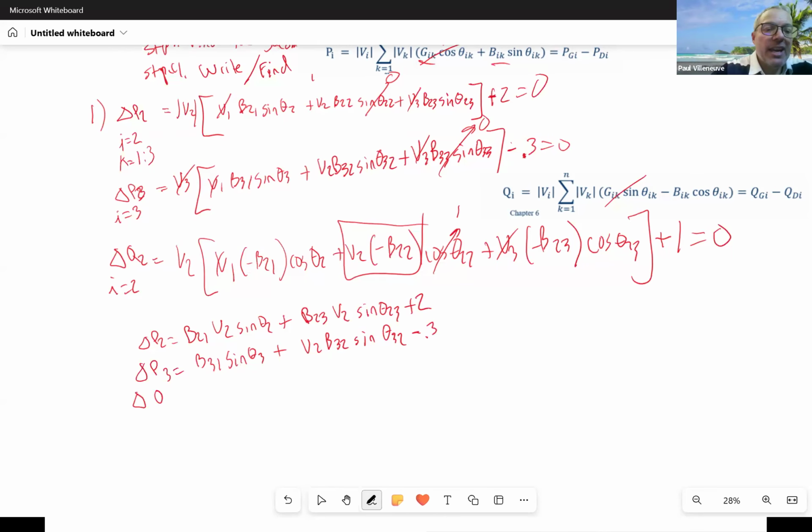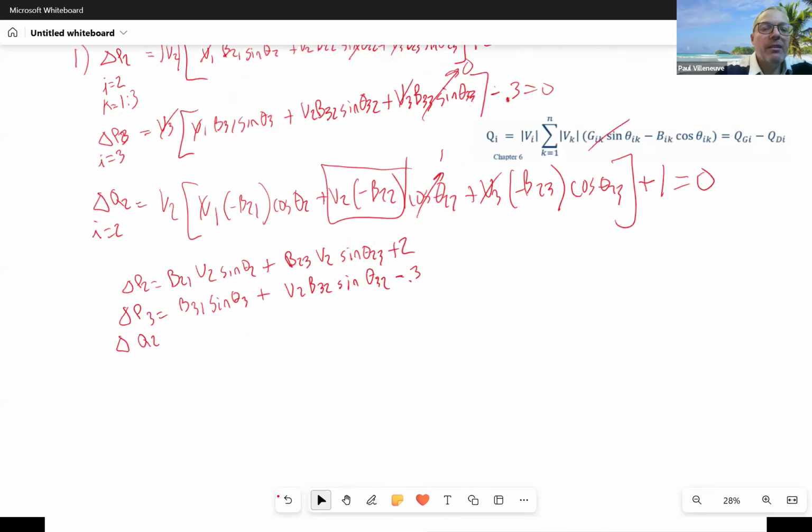And the last one we have is delta Q2, which is equal to negative B21 V2 cosine theta 2, or I should say minus, minus B22 times V2, that quantity is squared because you have V2 times V2.